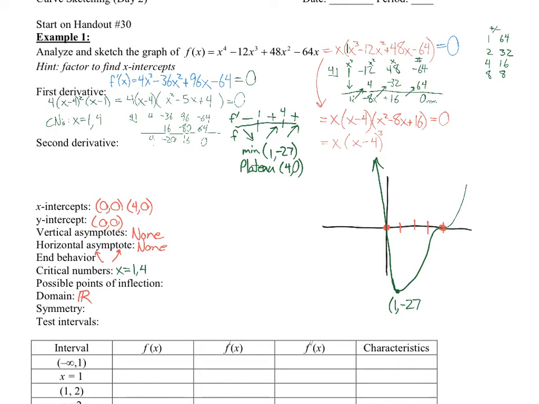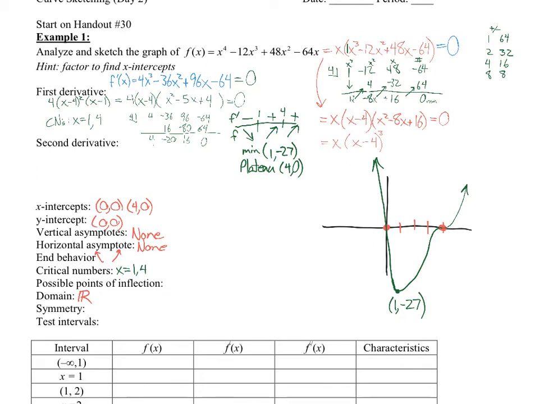You can see what we figured earlier about the fact that this would be a plateau. So I have my min, I have my plateau point. We can also identify intervals where it's decreasing and increasing.